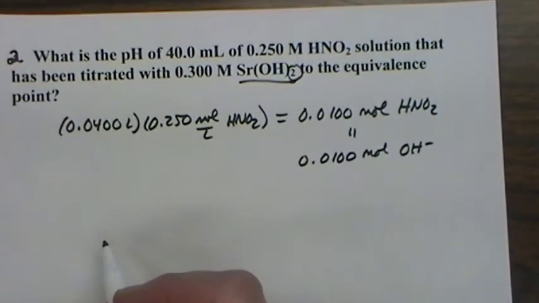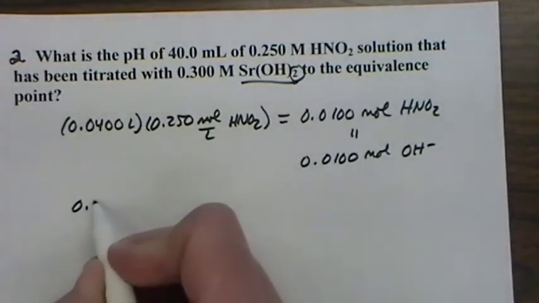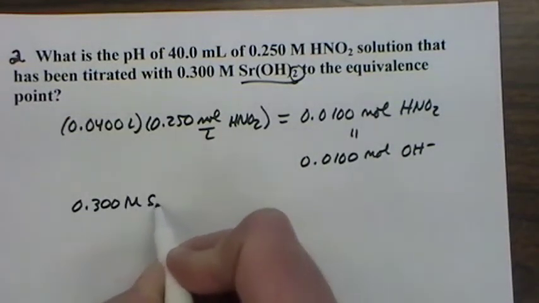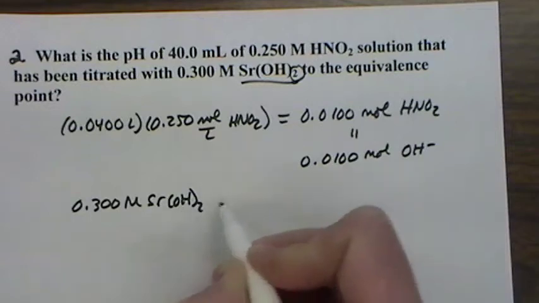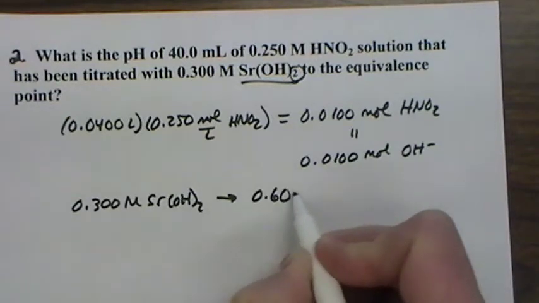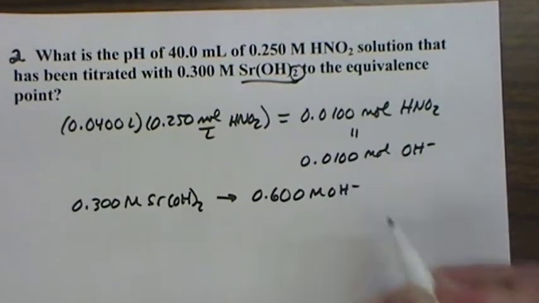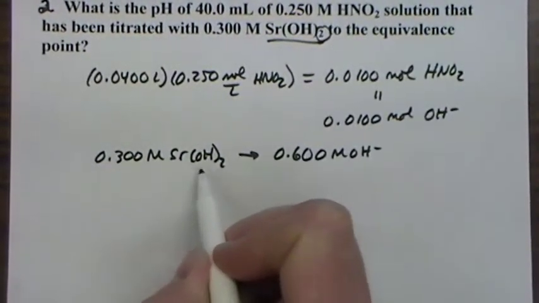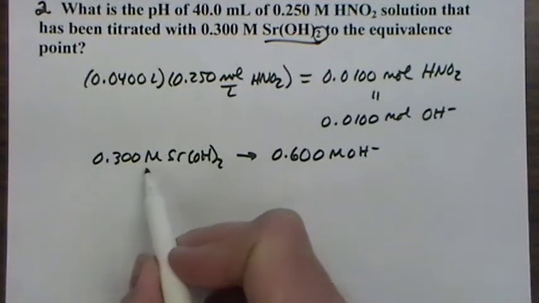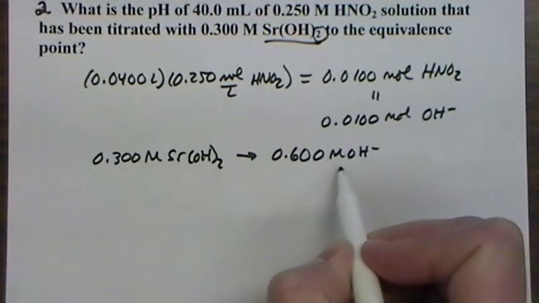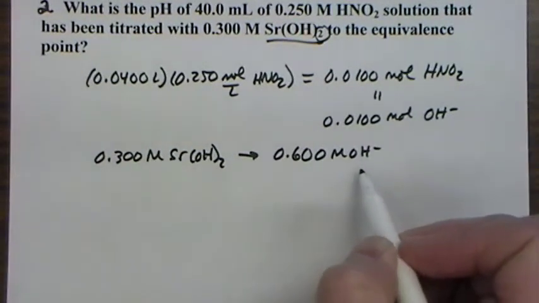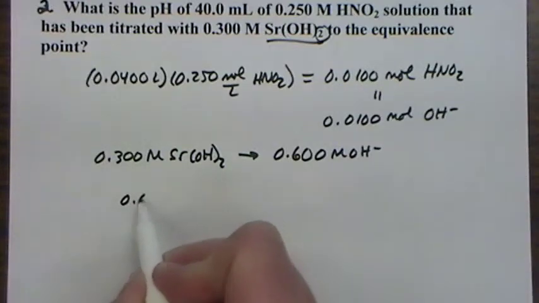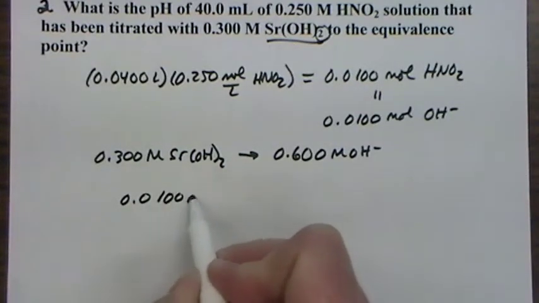So we have 0.3 molar strontium hydroxide is equal to 0.6 molar OH minus. So this is the concentration of this base, but inside of that solution it's 0.6 molar OH minus. And it's really the best way to go about dealing with this. You can try it another way.